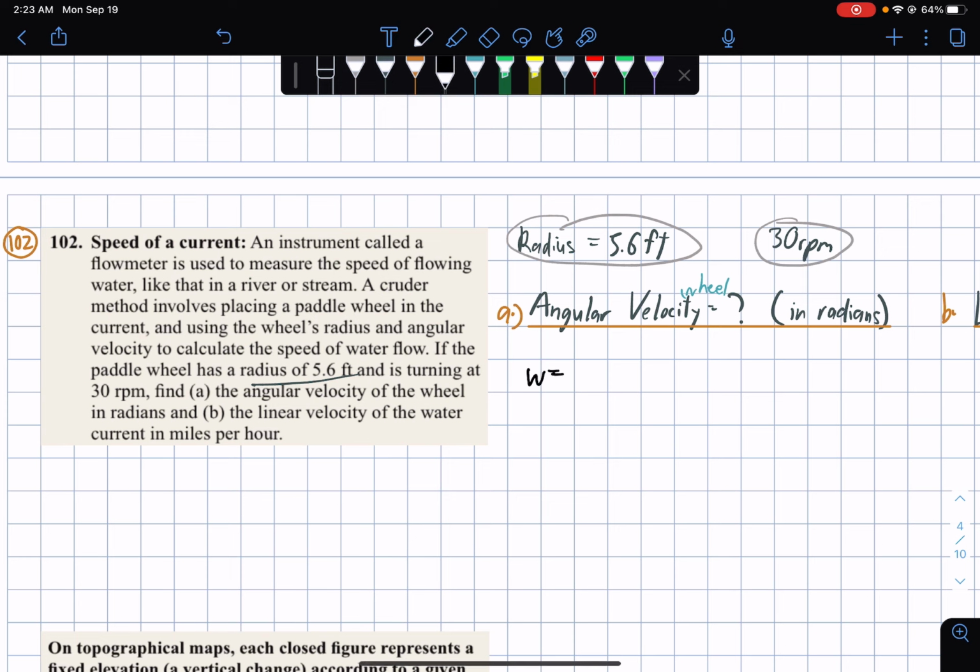So W is equivalent to theta over t. W is equal to theta, 30 revolutions over a minute, so 1 minute.